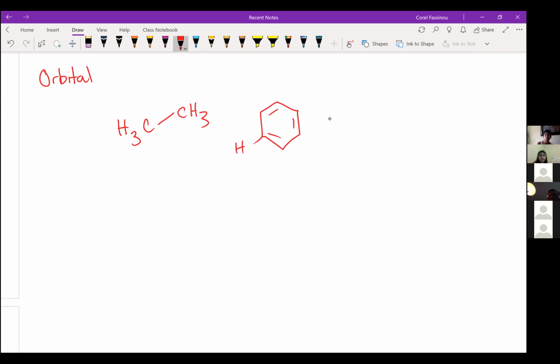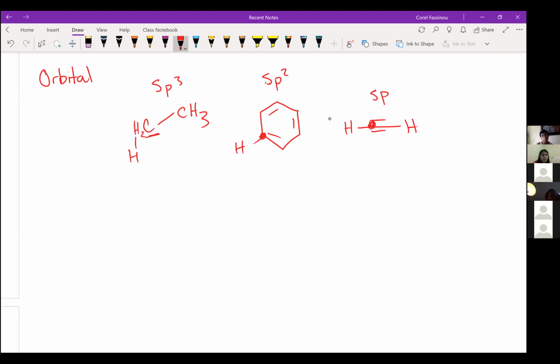So the difference between what I have drawn here, right, is we have an sp3 hybridized atom that has that proton on it versus an sp2 hybridized atom that has that proton on it versus this sp hybridized atom that has that proton on it.